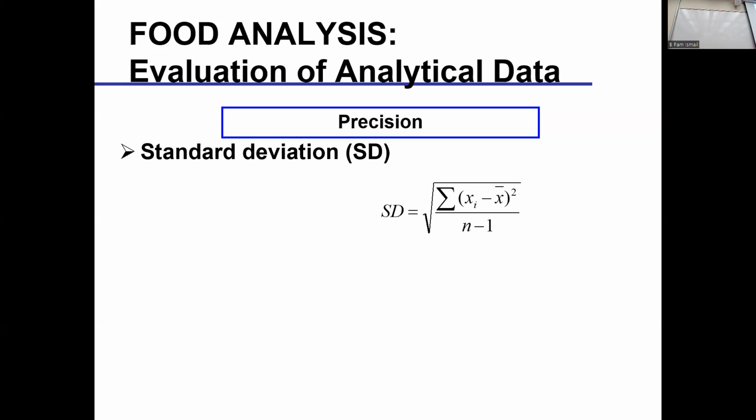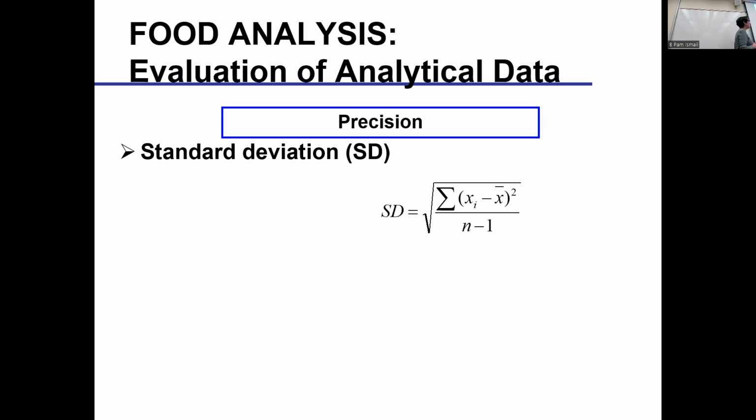If you have 3 different measurements, you'll get 3 different values to add up. And they're all divided by n minus 1, which is the total replication minus 1. So if your replication is 3, then n minus 1 would be 2.